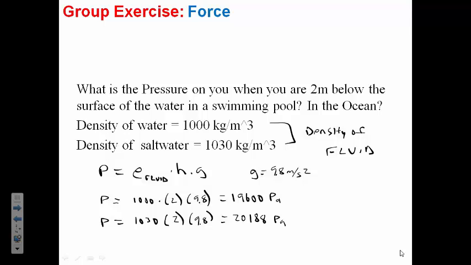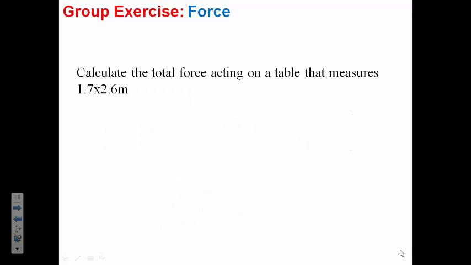Alright, so our next problem involves calculating the force on a table. And of course, this is going to be related to the pressure because we said that pressure is force over area. And the pressure that's on the table is going to come from the atmosphere. And we said the atmospheric pressure is 1.01 times 10 to the 5 pascals.